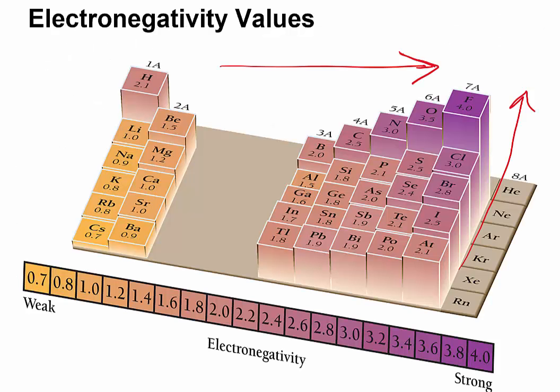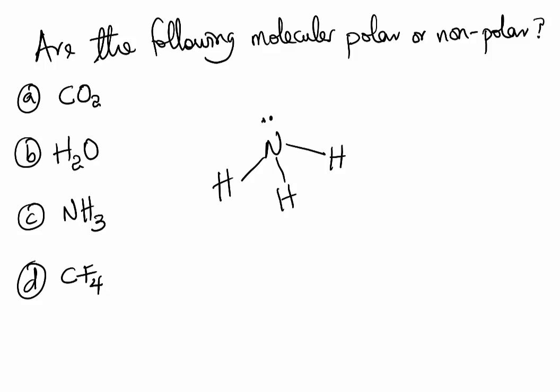If you look at the chart, you will see that nitrogen is more electronegative than hydrogen, which means that the two electrons being shared between nitrogen and hydrogen will be closer to nitrogen in each case.